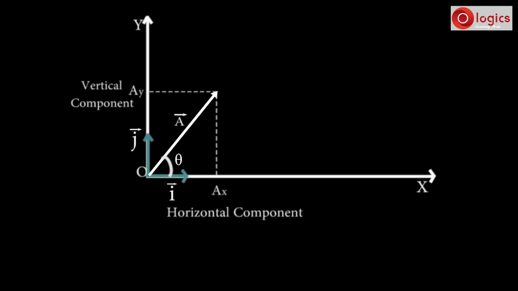Observe, these projections are called components of vector a bar. Here, the components of the vector are perpendicular to each other, so they are called rectangular components. Now, let's see the relationship between these components and a bar.